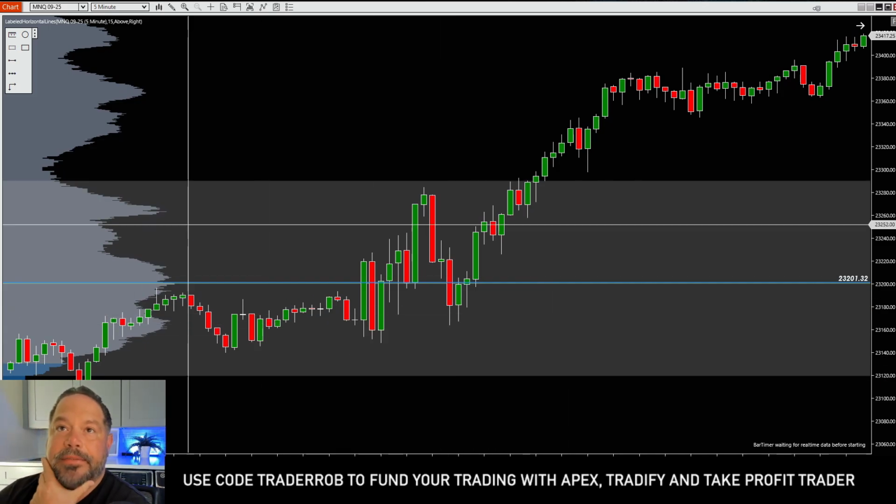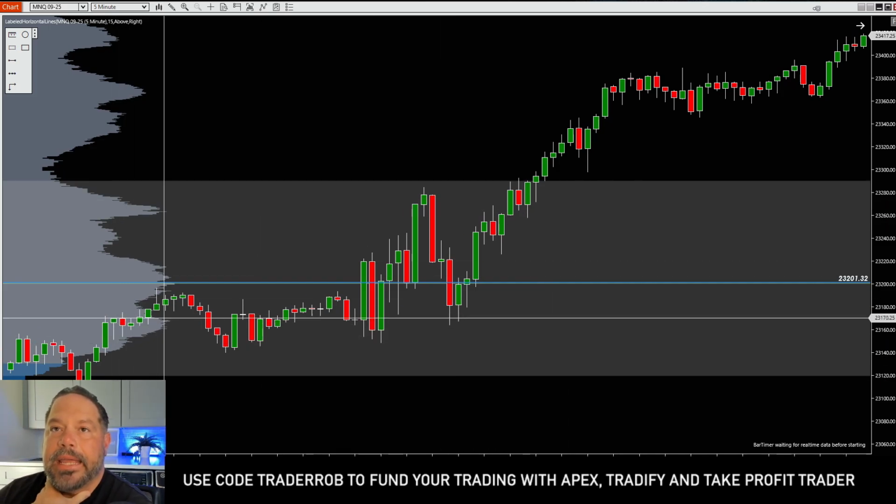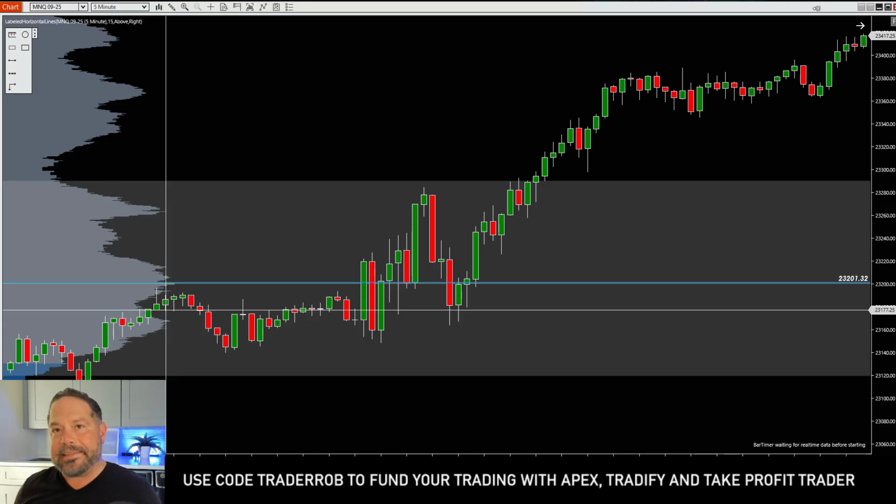So now I want to take a look at the volume profile, and as it's getting more detailed, this is where the details of the entry and the take profits start to come into play.